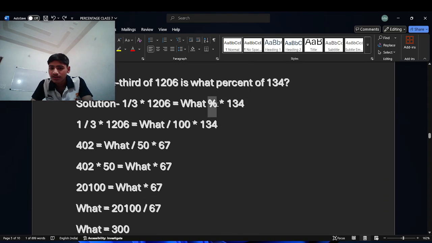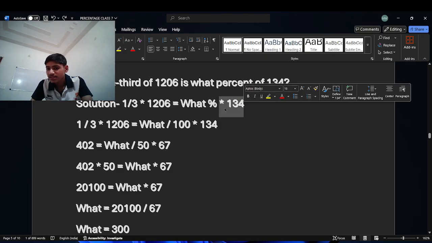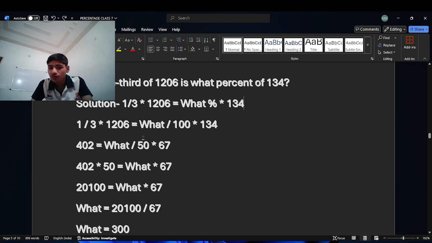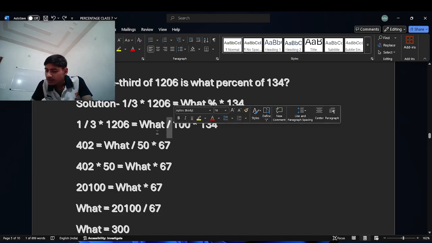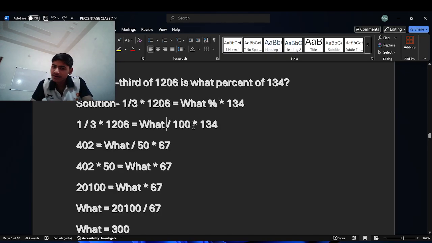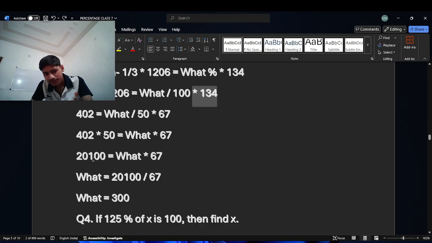If you have to remove percent, then divide by 100, multiply by 134.